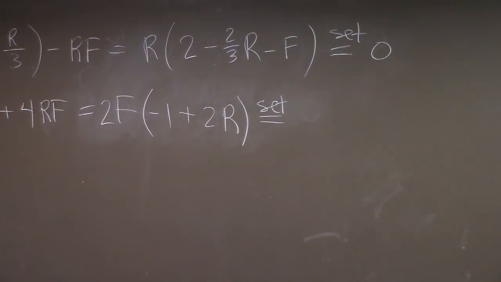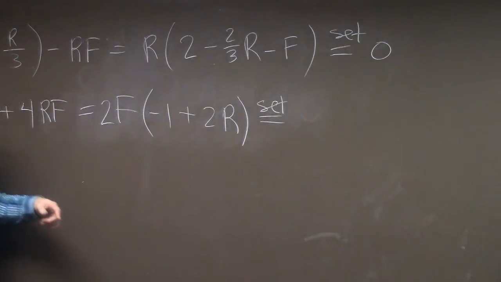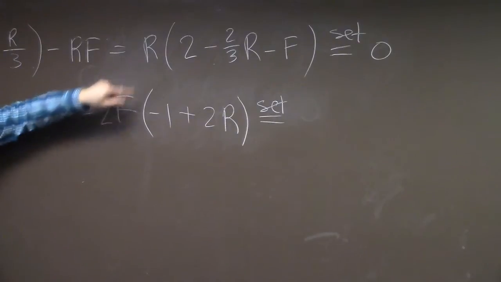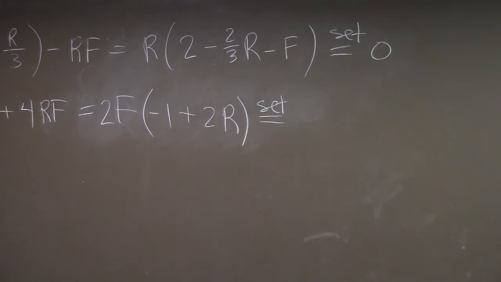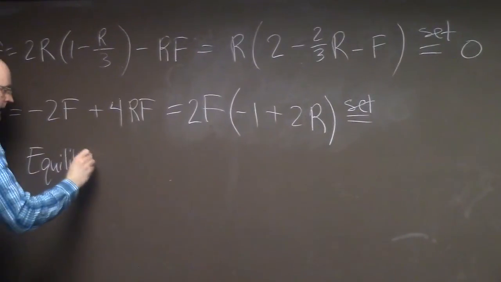Since these equations are nonlinear, there could be more than one solution, 2 or 3 solutions, for example. How many are there? It's a little tricky. I have to think carefully here. Certainly if R and F are both 0, then both of these expressions equal 0. So the point, we're after equilibrium points here.